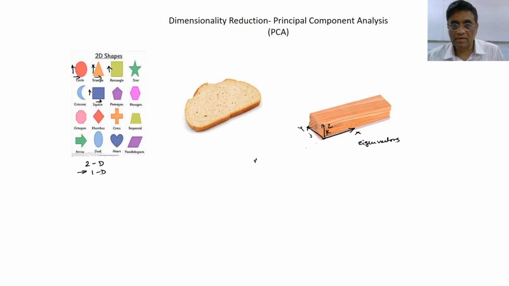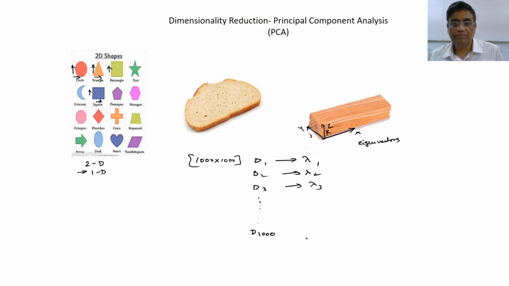So direction 1, more significant, giving some value, okay, we will talk about that, lambda 1, lambda 2, okay, say. So if I have a 1000 cross 1000 matrix, then there will be 1000 eigenvectors we call, and with some eigenvalues, those directions we will find.